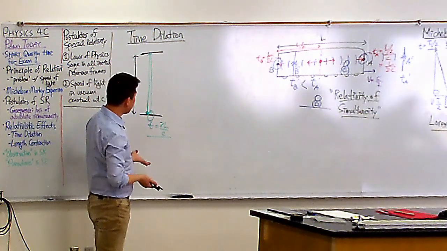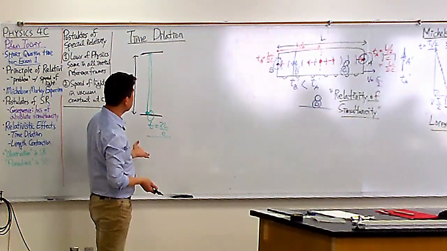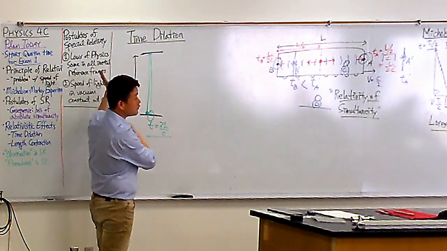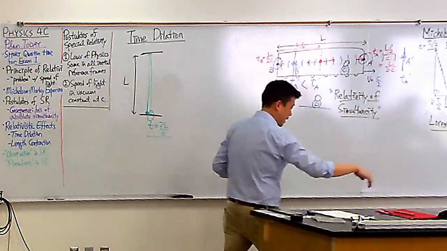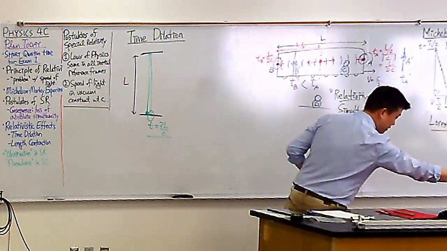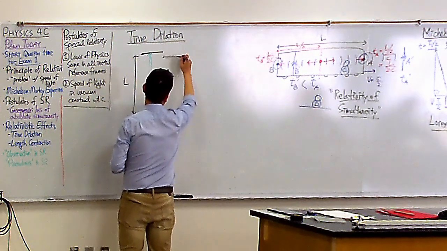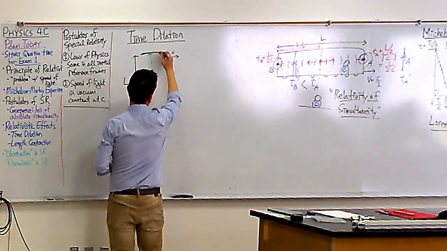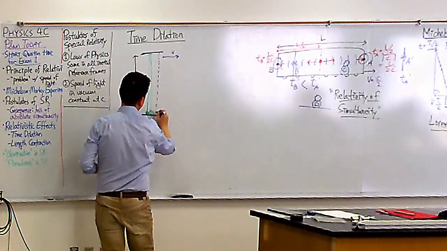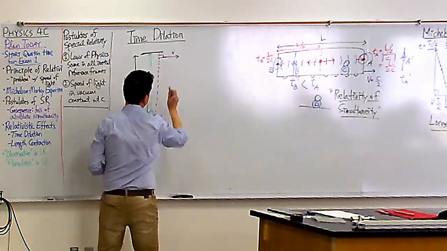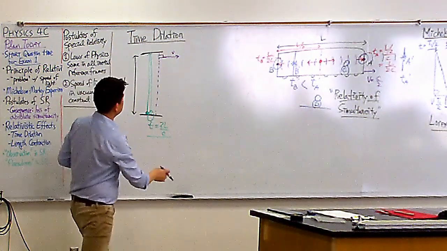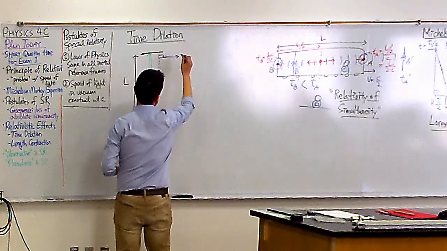Now, we want to explore what happens as this clock is moving. And we want to be careful in the specification here. I want to specify that this clock is moving in a direction that's perpendicular to this axis.